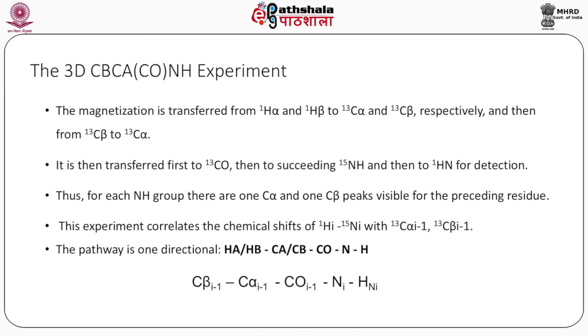The C alpha i minus 1 and C beta i minus 1 peaks have the same phase. The pathway is one directional: HA, HB to CA, CB to CO and then to N and H. In this pathway, the chemical shifts are labeled for C betas and C alphas, not for the carbonyl, but then for the nitrogen and proton.